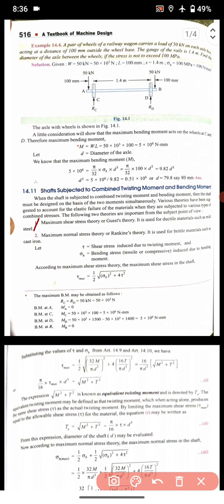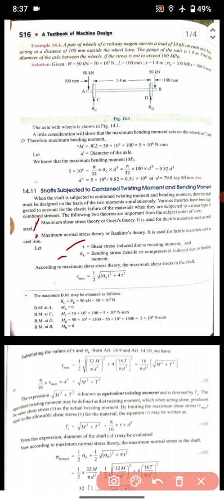The second is the maximum normal stress theory, or Rankine theory, and it is used for brittle materials such as cast iron. Let tau be the shear stress induced due to twisting moment, and sigma b the bending stress induced due to bending moment.